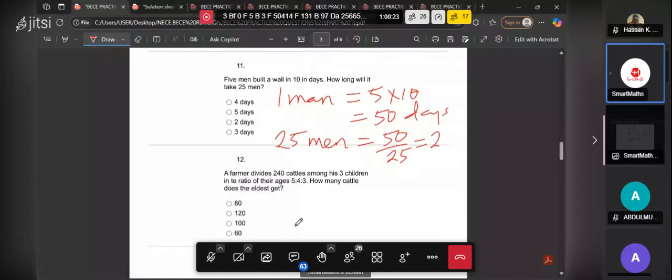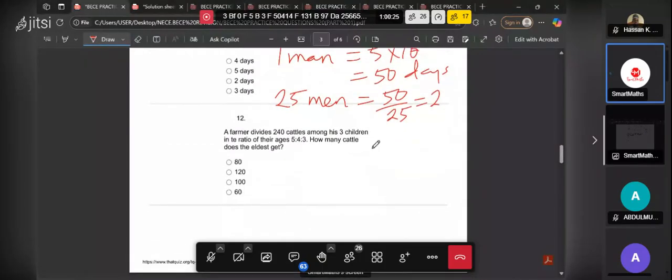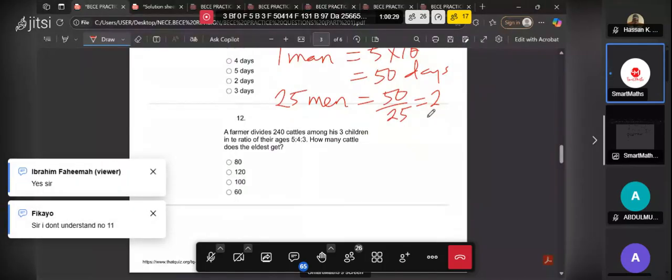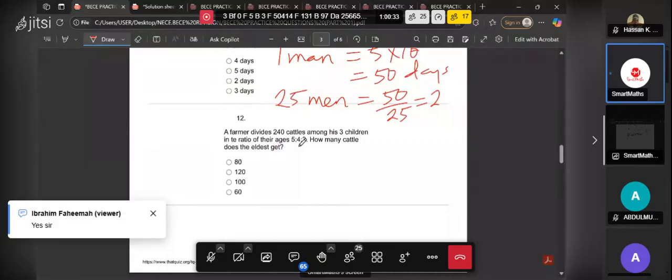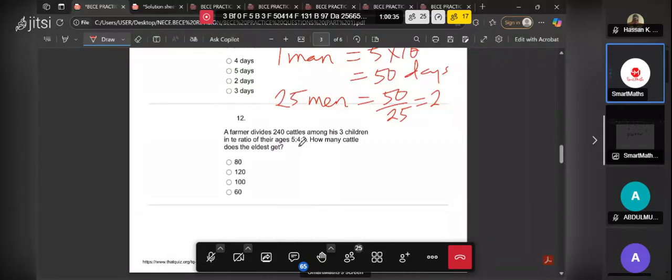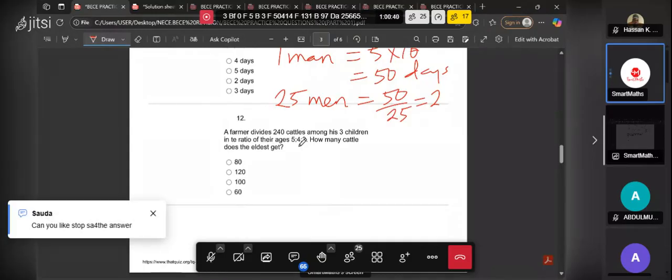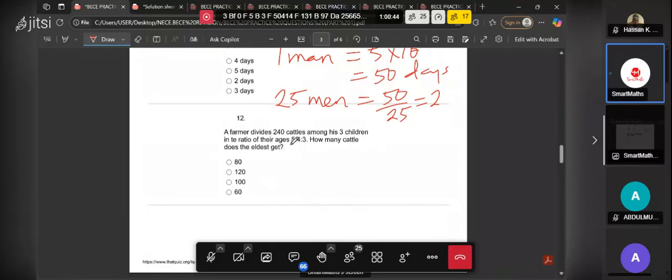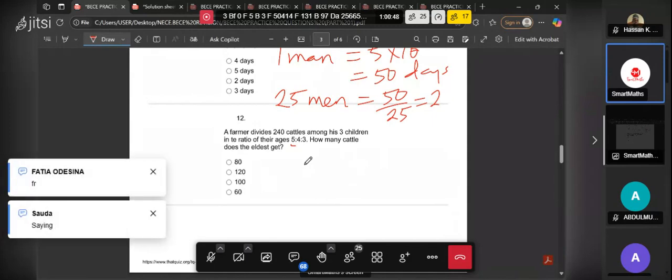All right. Let's move to the next one. Number 12. A farmer divides 240 cattle among his 3 children in the ratio of their ages, 5 to 4 to 3. How many cattle does the eldest get? The eldest will be the one that will get the highest ratio, which is 5. When you are dividing something in ratio, the first thing to do is to add the ratios together.